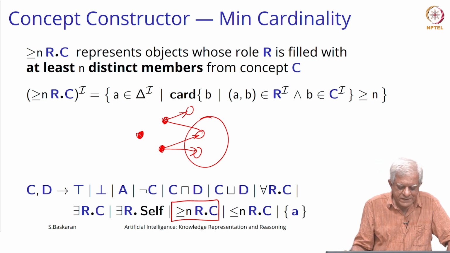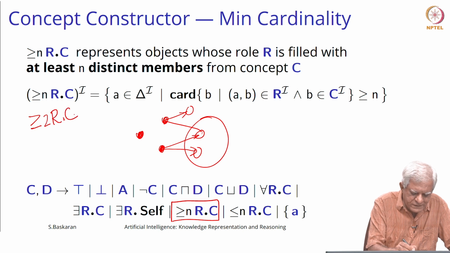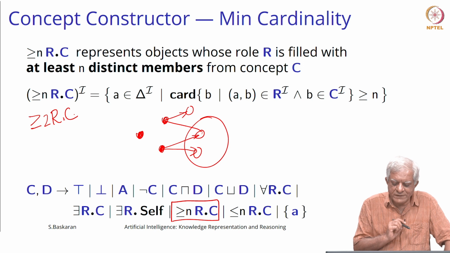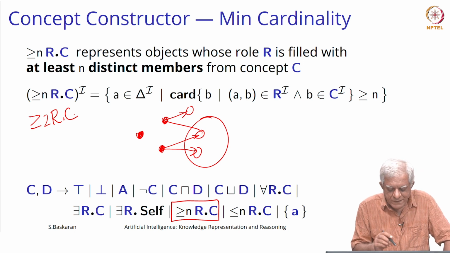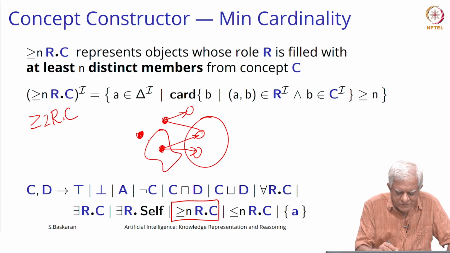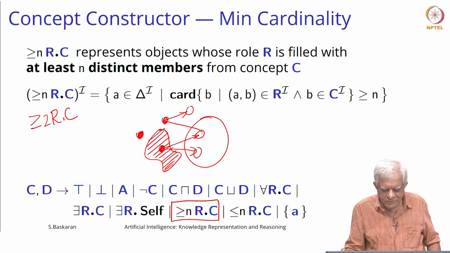Now, if we were to say that greater than or equal to 2 R C, that means you should be related to at least 2 people who come from class C, then this is the only one which would fall in that concept. The other two would not fall in this concept.